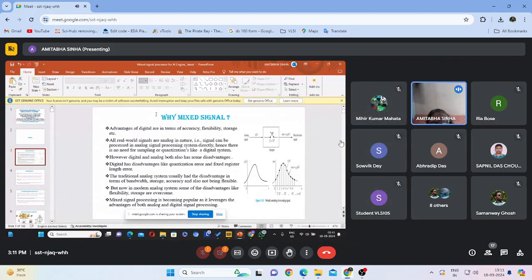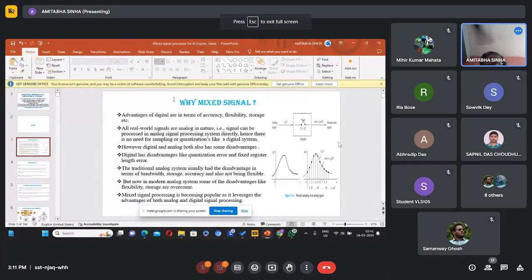This means a signal can be processed in an analog signal processing system directly. Hence, there is no need for sampling the signals and then quantization after sampling. These things are not required for analog signal processing. So that's a great advantage. But for digital signal processing, all these steps have to be followed.